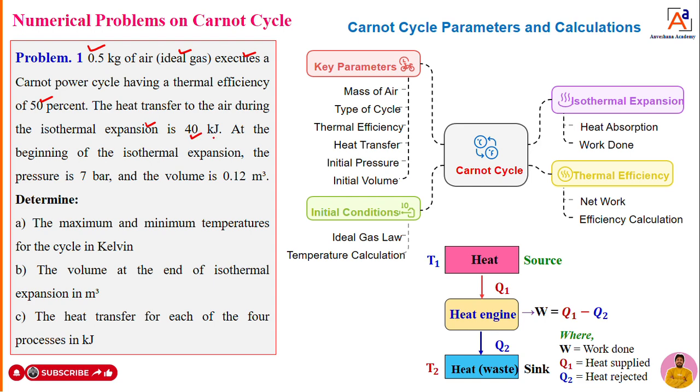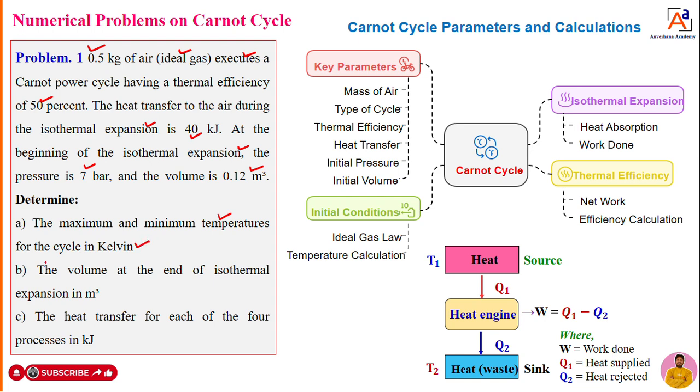At the beginning of the isothermal expansion, the pressure is 7 bar and the volume is 0.12 meter cube. This is the data given, and it asks us to determine, first, the maximum and minimum temperature of the cycle in Kelvin.